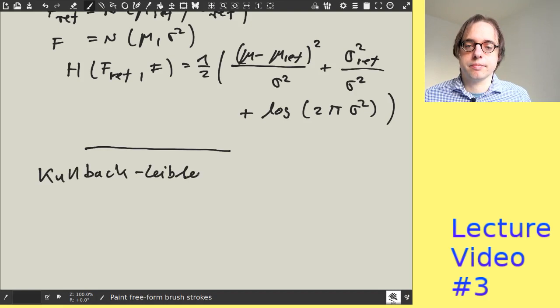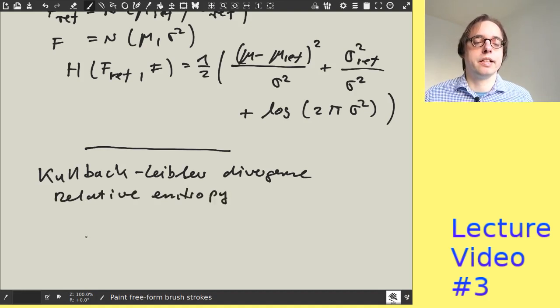In the cross entropy, we have a quantity that allows us to compute the surprise of a model given a reference distribution.